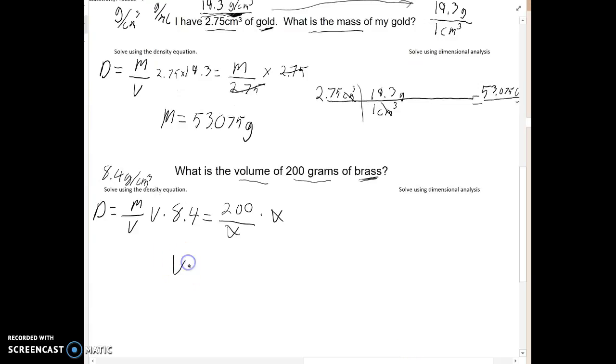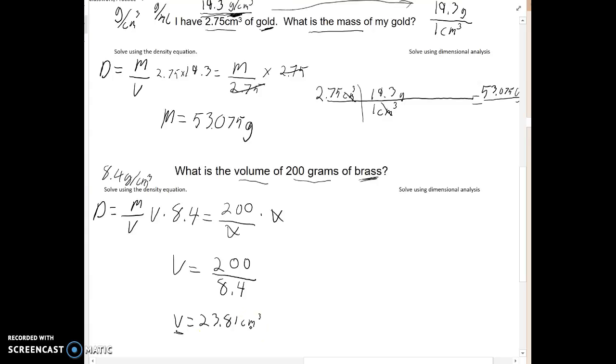So now I'm going to divide both sides by 8.4. So V is equal to 200 divided by 8.4. So V equals 23.81 centimeters cubed. Again, this is volume, so it's centimeters cubed.